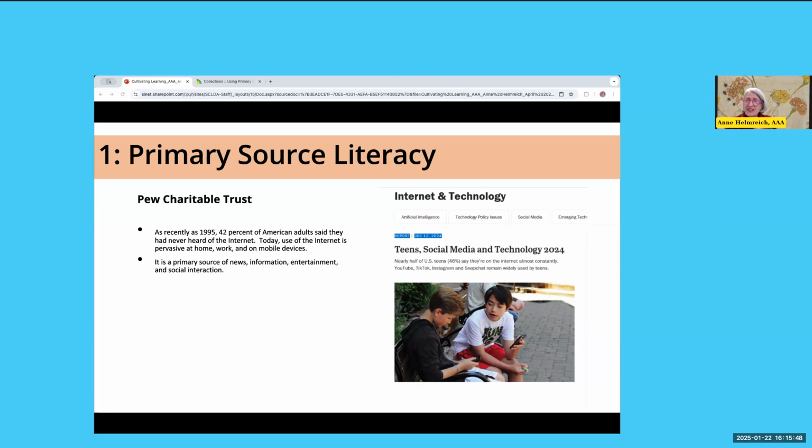And now it's everywhere, right? I mean, your students, they're using it all the time. And as the Trust report indicated, it's the first place people often go to for news, information, entertainment, social interaction. So how do people learn how to critically evaluate the evidence they find there? And how do they know it's trustworthy?